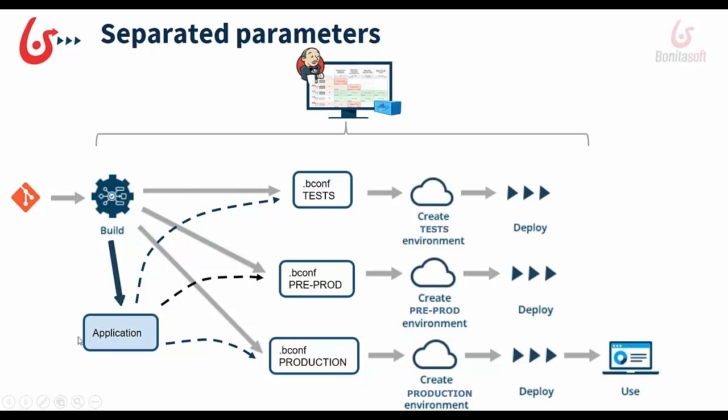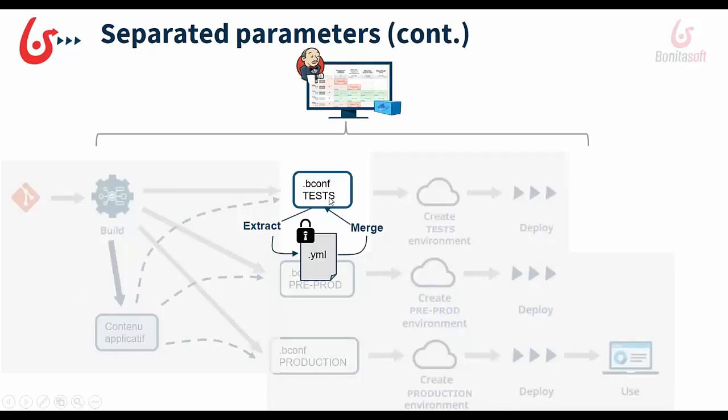So all the application artifacts will be provided in a zip file now. But again, it will be naked. It won't be environment specific. And then you can combine it with a specific bconf that is this time specific to the environment. And then the BCD will be able to create an environment, test and deploy the application with the processes and so on, with the parameters specific to the environment.